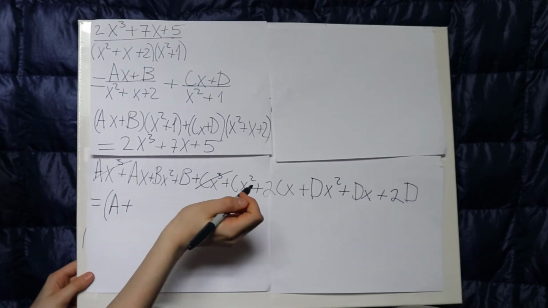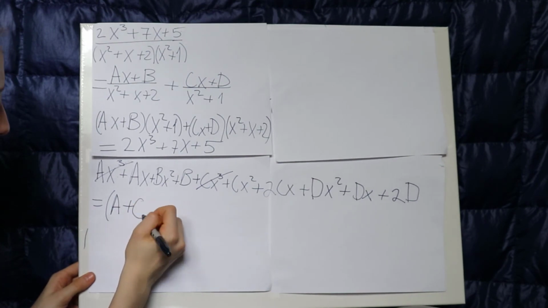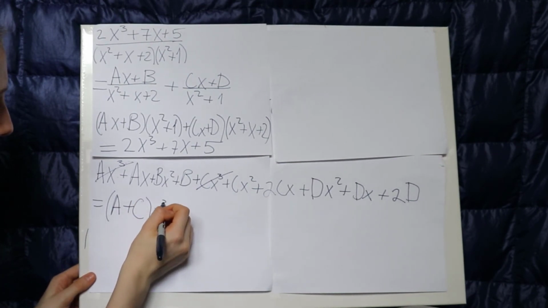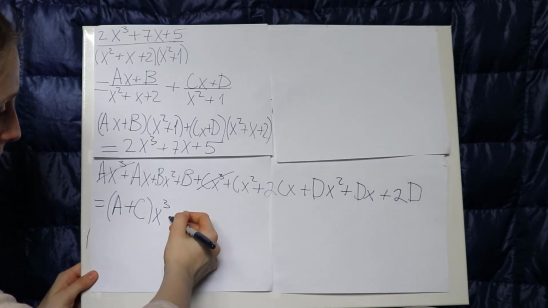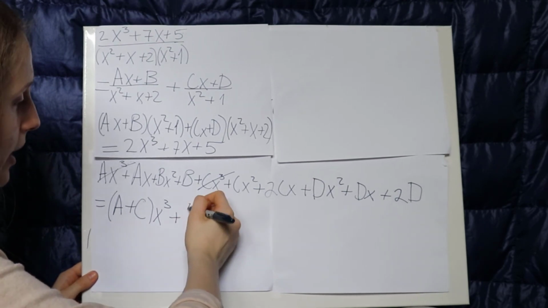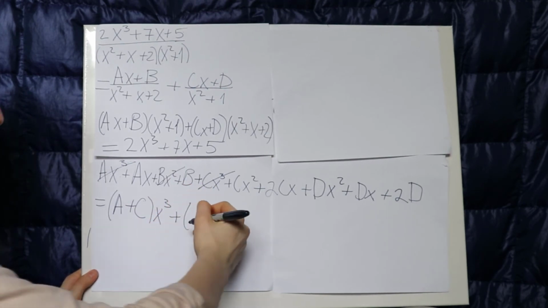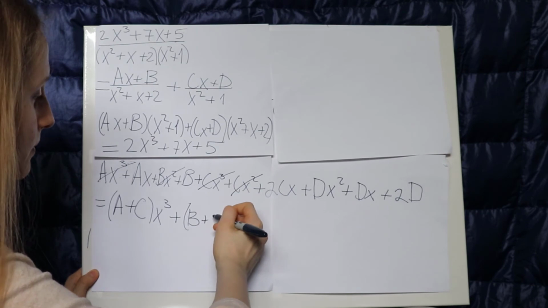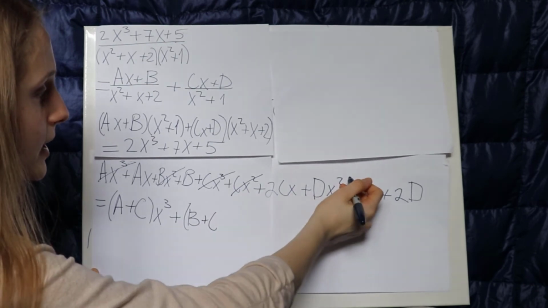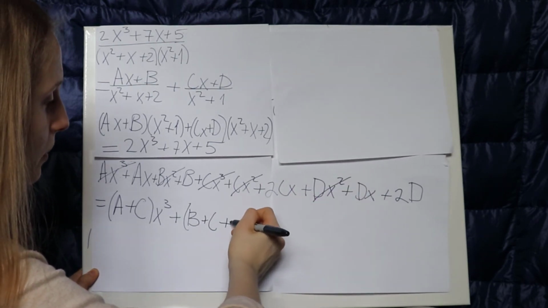C. I crossed them out just so I can keep track. So A plus C, x to the third. That's all. So now we go down to x squared. So plus B plus C plus D. D also has x squared.